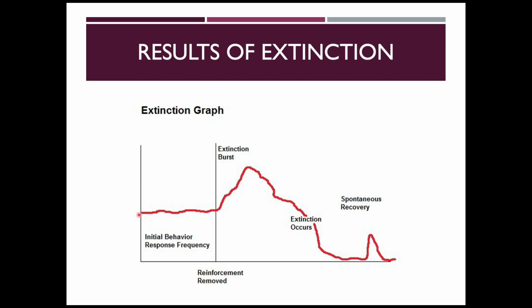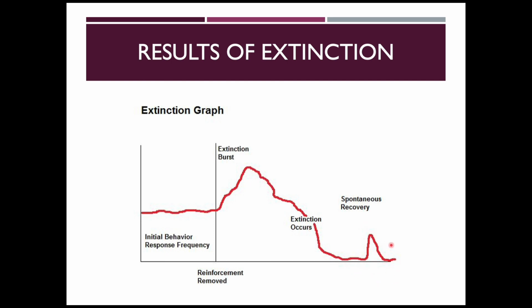Again, we have this long history of each time I engage in the behavior, a reinforcer is produced. Suddenly, I engage in that same behavior and there's no reinforcer. So I'm going to have a little burst, maybe some emotional responding, and then you get this gradual decrease, right? Hopefully to zero levels.